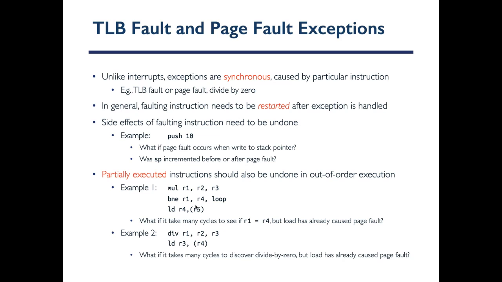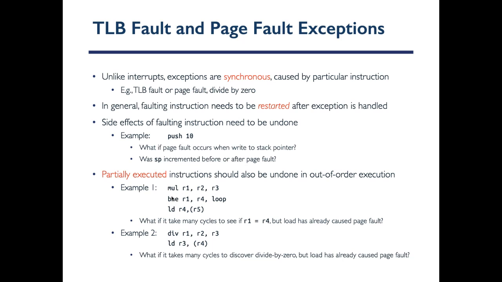Another example, for those of you who are taking the computer architecture course: in out of order execution, you execute your instructions out of the order of your program, not sometimes, most of the time. So here is an example. Let's say you are multiplying R2 and R3 and putting the result in R1.